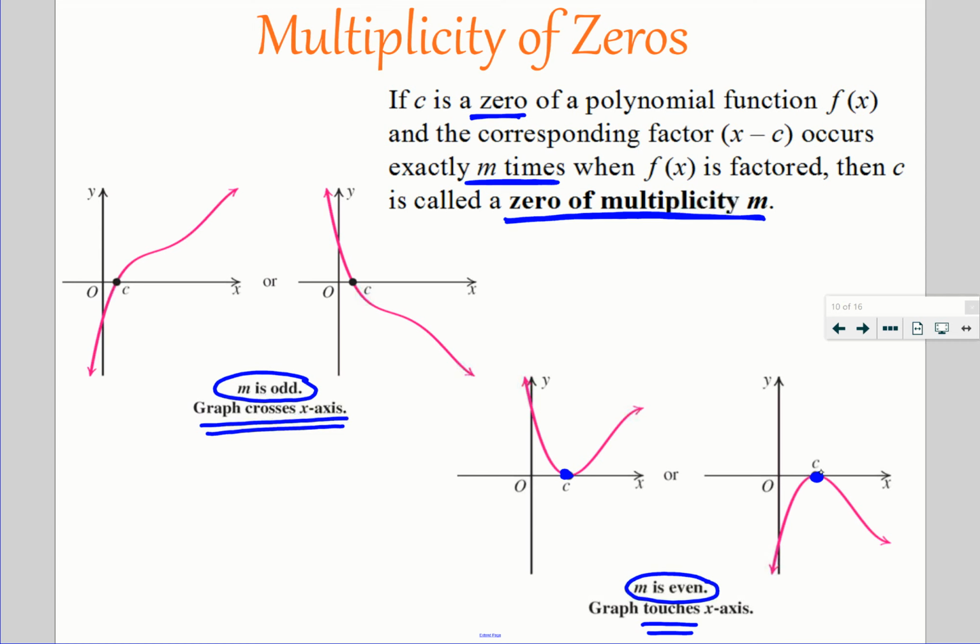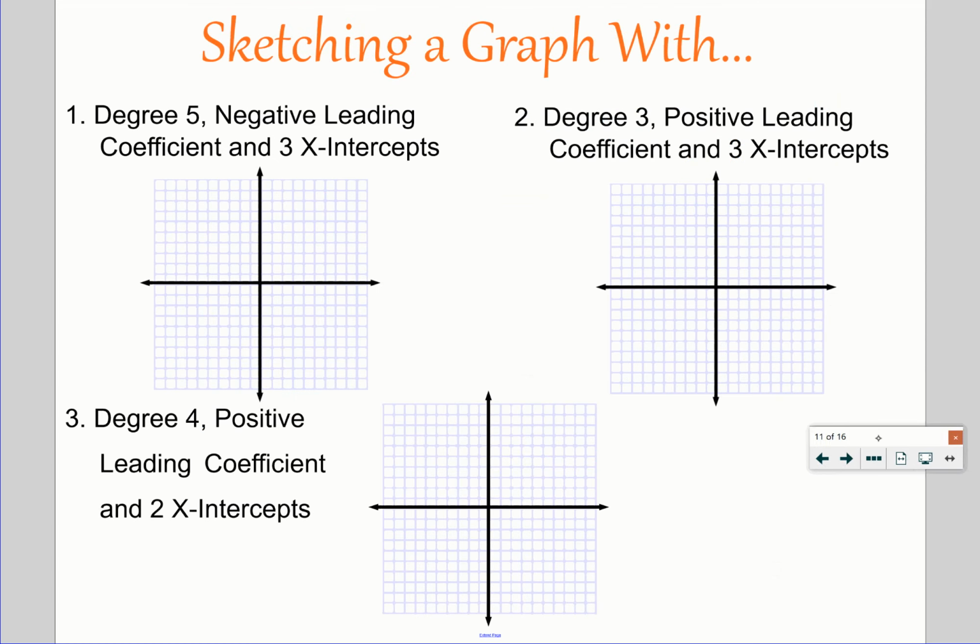But it does not go all the way through the x-axis. So what's important to remember is multiplicity, whether it's even or odd, tells us what's happening at that zero. Is the polynomial crossing, or is the polynomial turning around or bouncing off of the x-axis? And that's going to help us get sketches that we're going to do on the next page here.